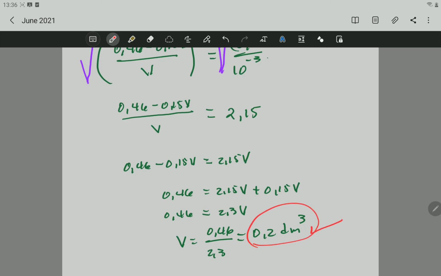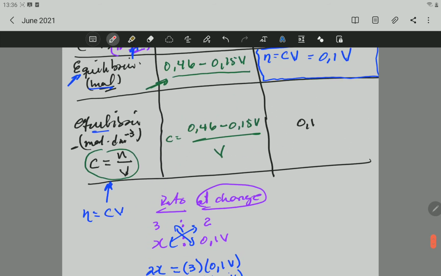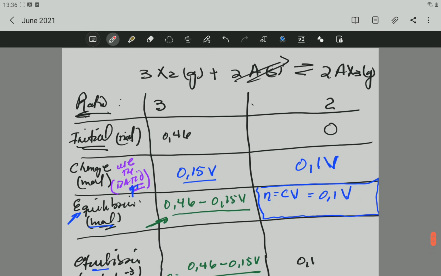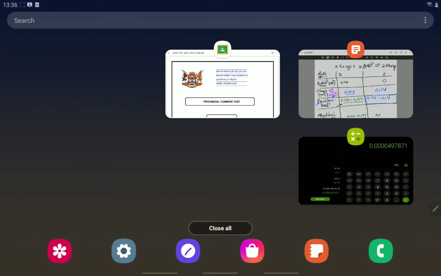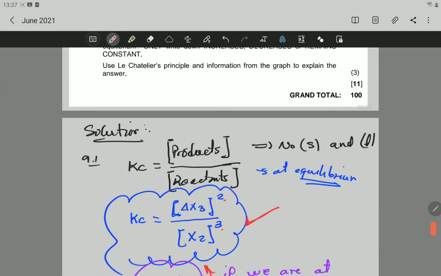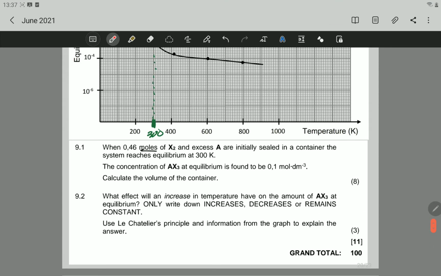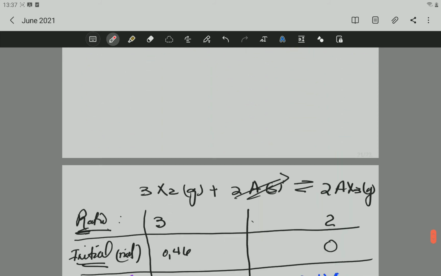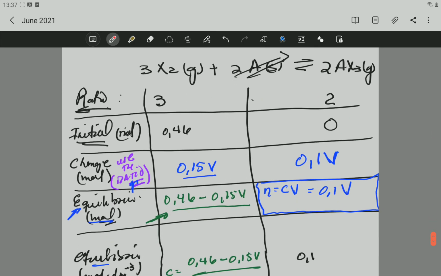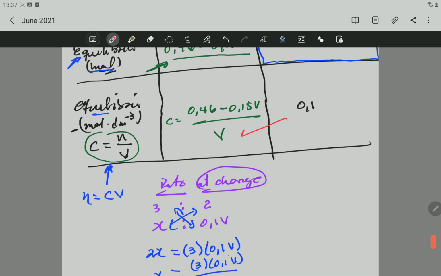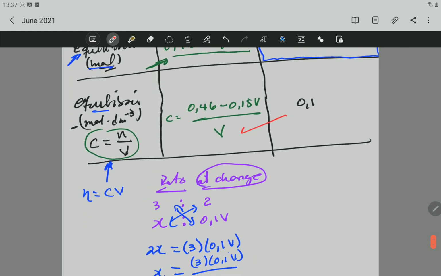Now the mark allocation here is kind of tricky. It's very difficult to get this mark allocation. If you go to the question, the marks are 8 marks. You will get 1 mark for this initial, 1 mark for the use of the ratio, 1 mark for this one, so we have 1, 2, 3.